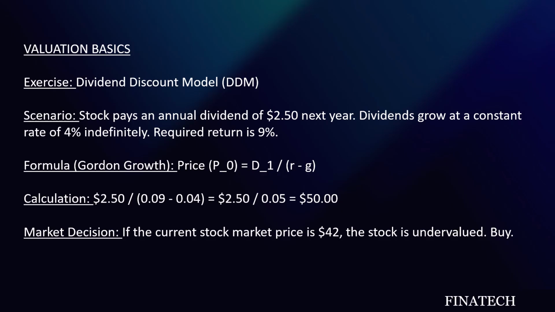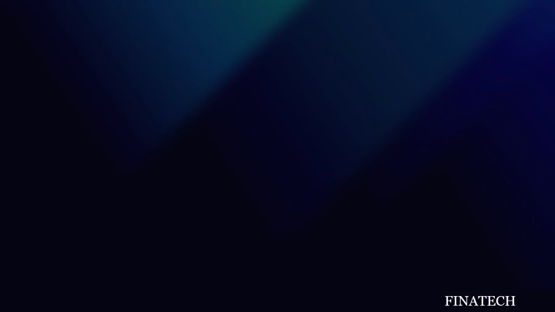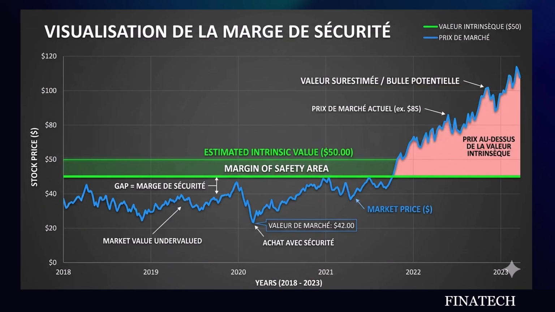If we have $42, we must buy because we gain an $8 difference between the intrinsic value and the real price. This is a graph to show you how to take a margin of safety area in your investments.